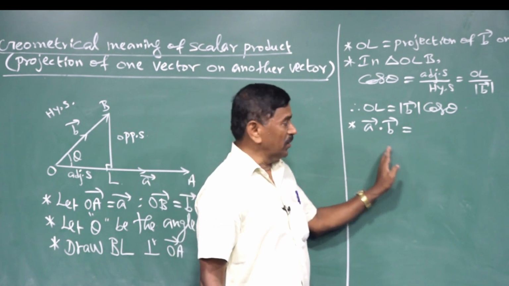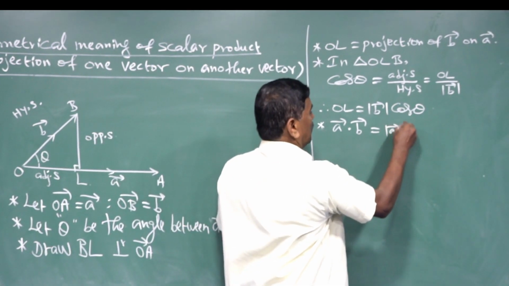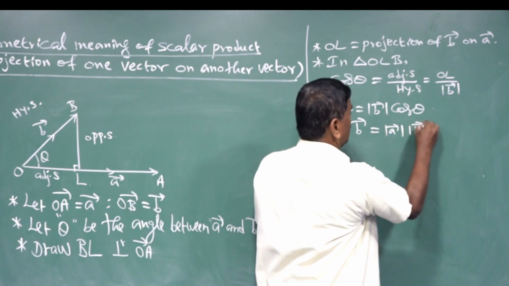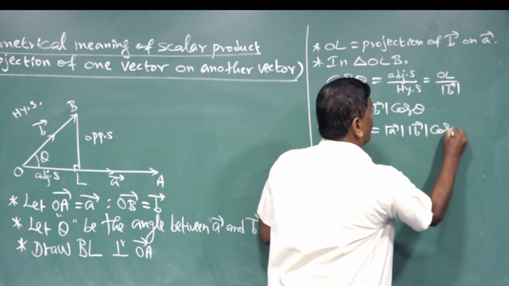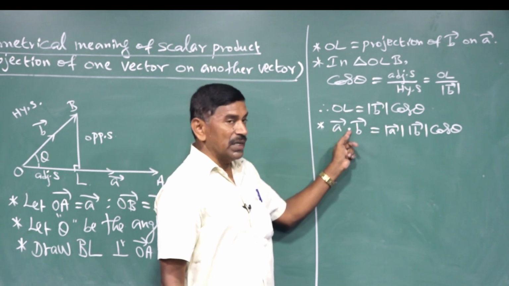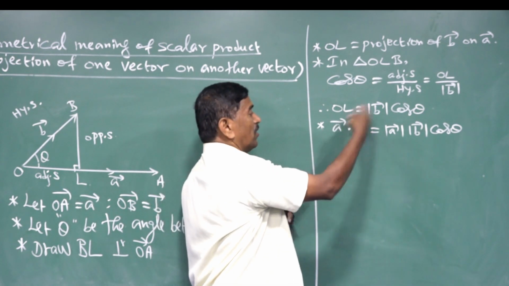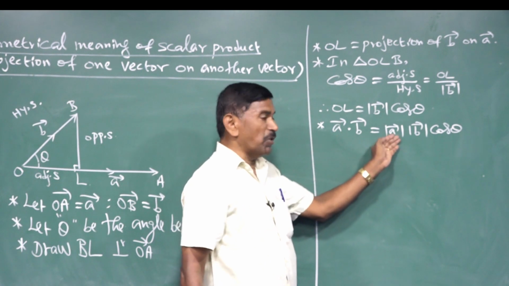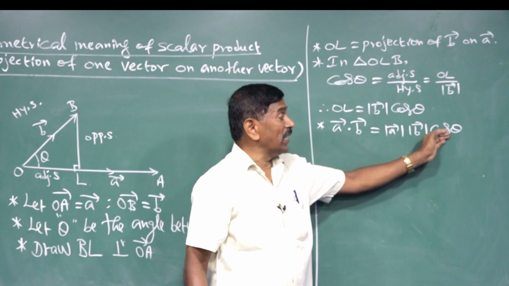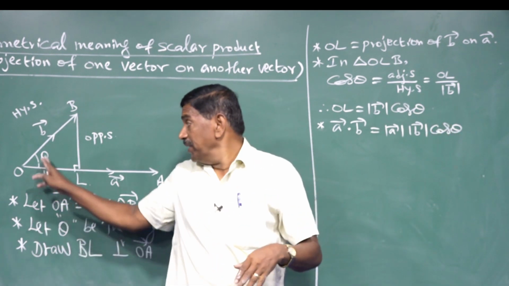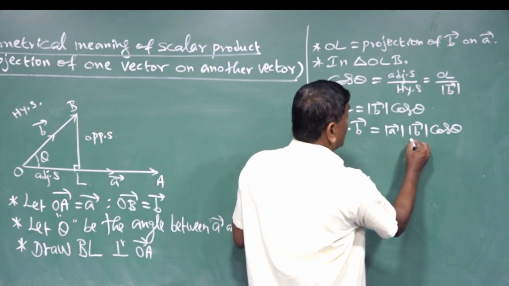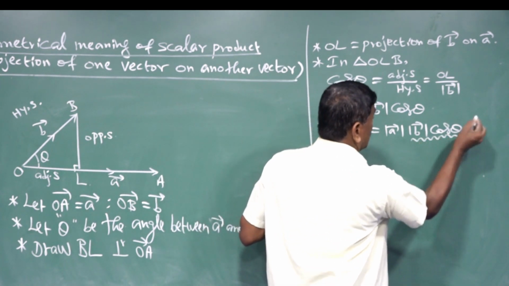First A vector, therefore modulus A vector, second B vector, so modulus B vector, into cos theta, where theta is the angle between A vector and B vector. Okay. Now say, what is modulus B vector into cos theta?